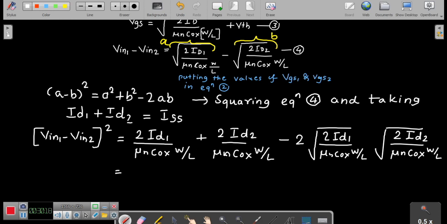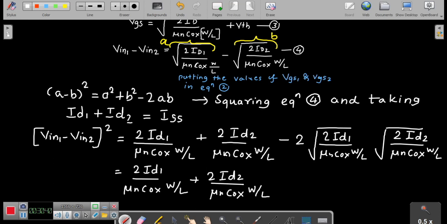So we have 2ID1 divided by mu n COX into W by L plus 2ID2 divided by mu n COX into W by L, then minus you have 2 into root 2 ID1 into root 2 ID2 divided by the whole thing, whatever you have in the denominator, it will be mu n COX W by L, one root and one more root, mu n COX into W by L, right?